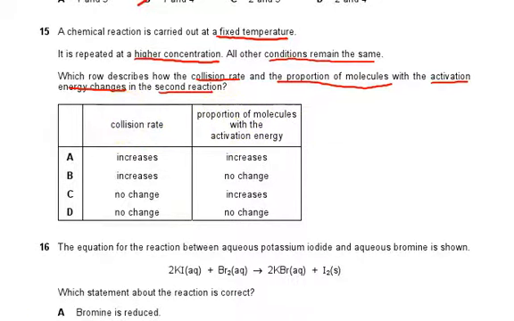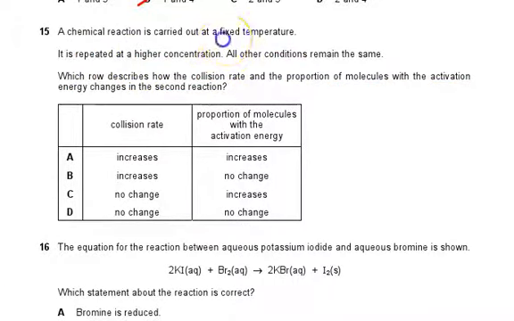So if I repeat again, it's a fixed temperature. This experiment is repeated at a higher concentration. It means the next experiment uses a higher concentration. So that's the only difference over here.